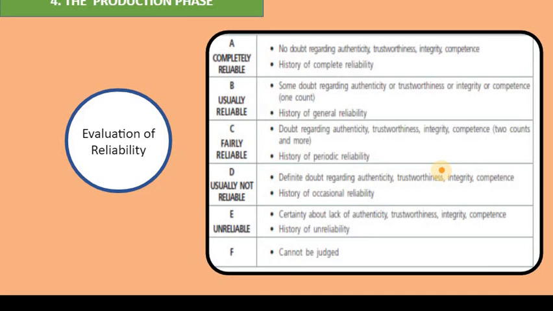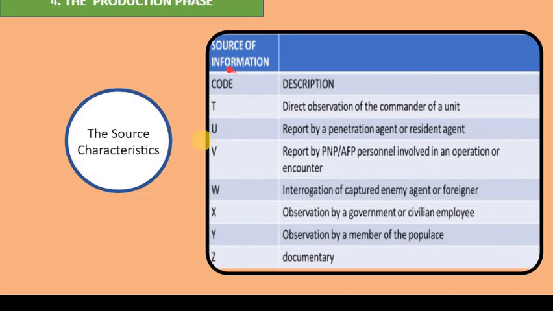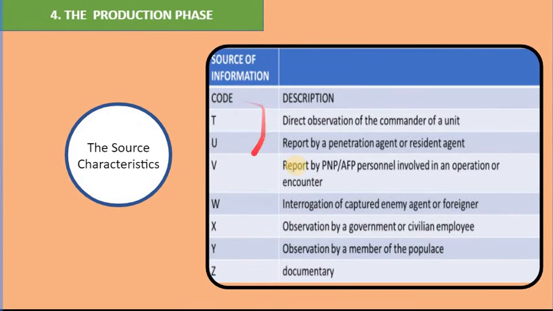So, ito kasi, ano naman, kung kanino galing. Itong source of information, kung kanino galing. So, for example, binigyan kayo ng gantong sentence, tapos bibigyan nyo ng code. For example, they give you report based from the observation by a government or civilian employee.